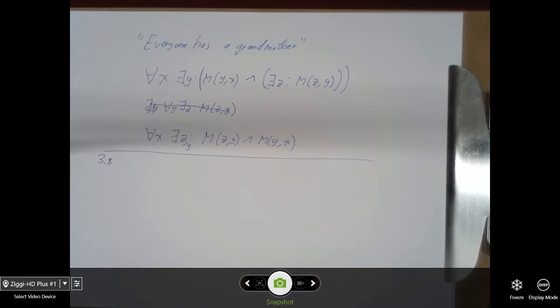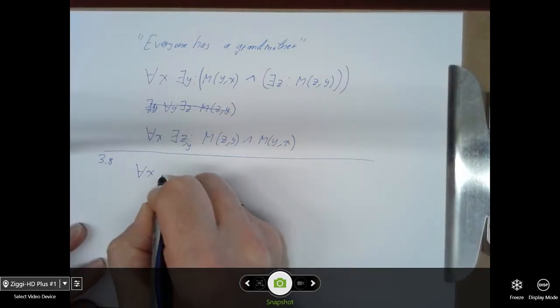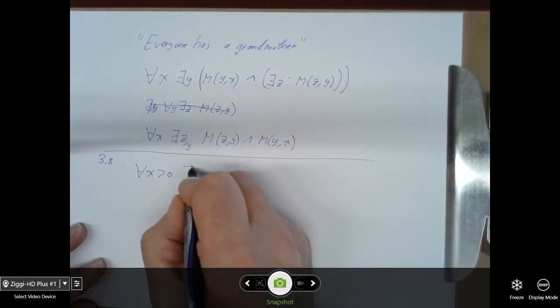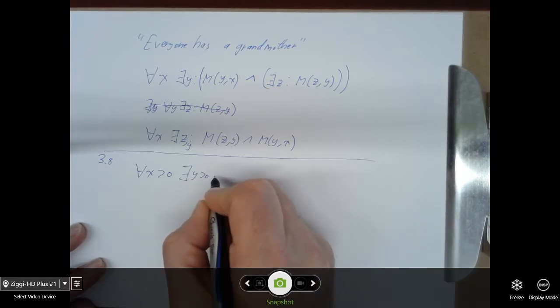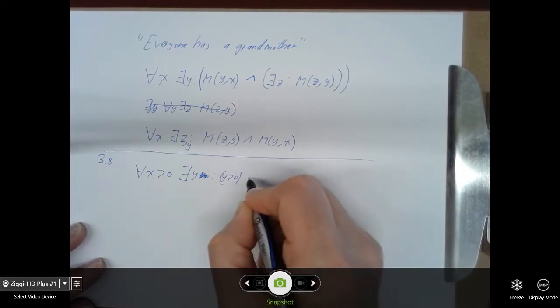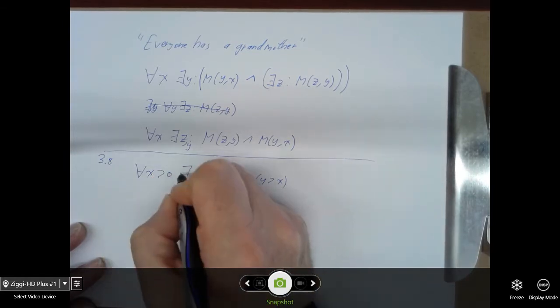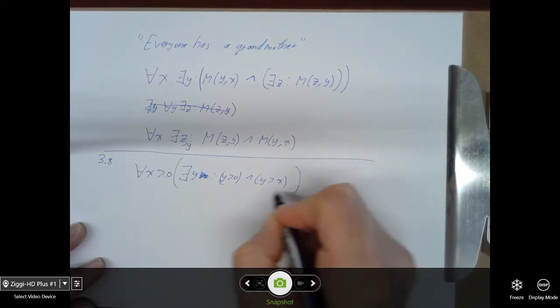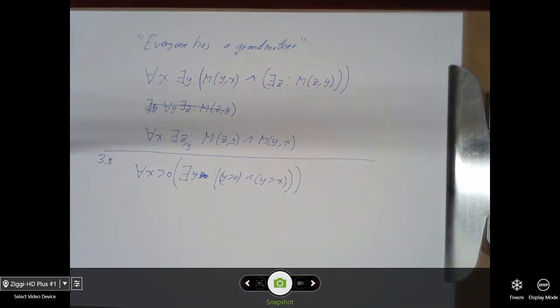For every x such that this is above 0, there exists a y such that y is greater than 0 and x. So for all x bigger than 0, there exists a y such that y is bigger than 0 and y is bigger than x. Perfect.